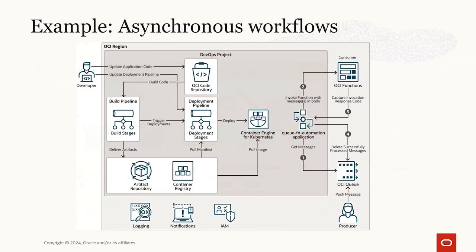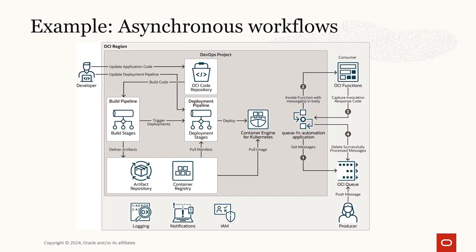So just one quick example on the operations front here. In this instance, we have our CI/CD pipeline utilizing OCI DevOps. And in that process, we have a producer that's pushing a message into a queue. The automation that's baked in is going to retrieve that message. This is the Cloud Event Service.